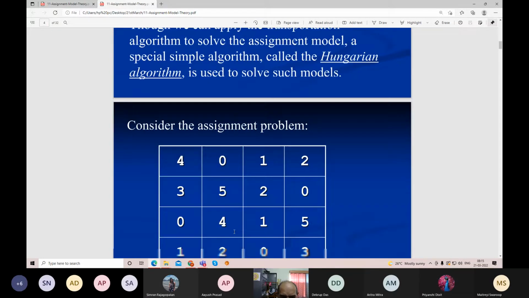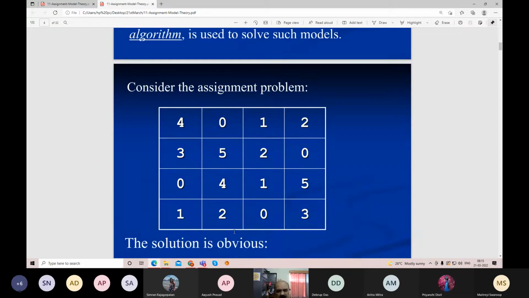So I am considering an assignment problem. Mathematically, a matrix is given. This matrix has 4 rows and 4 columns.